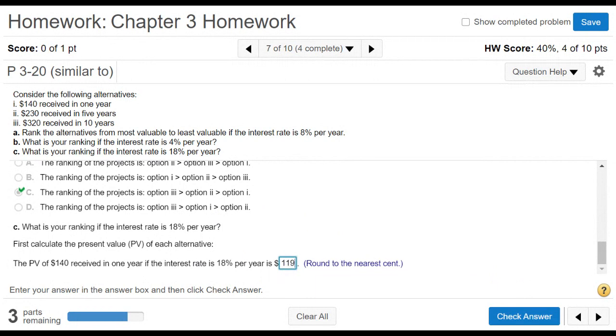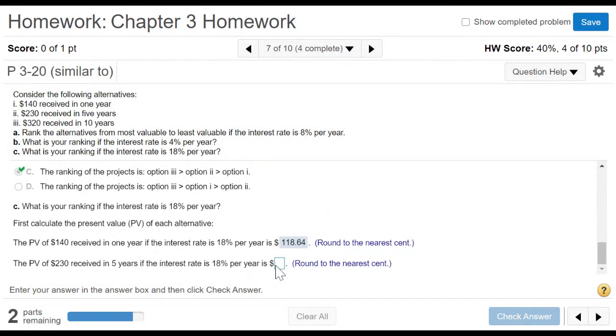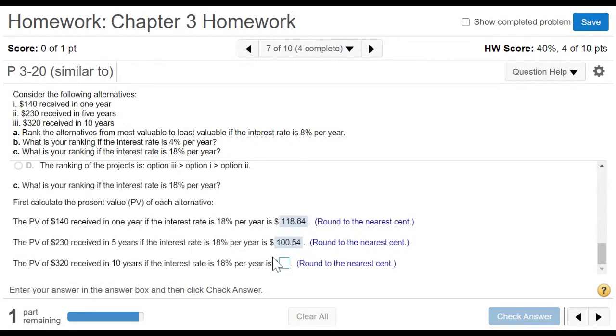Yeah, 0.64. Next. $100.54. Last. $61.14.